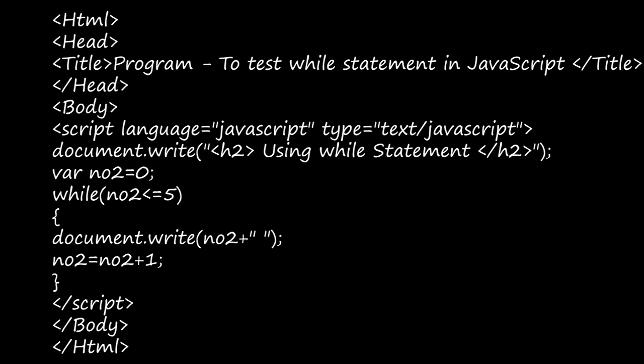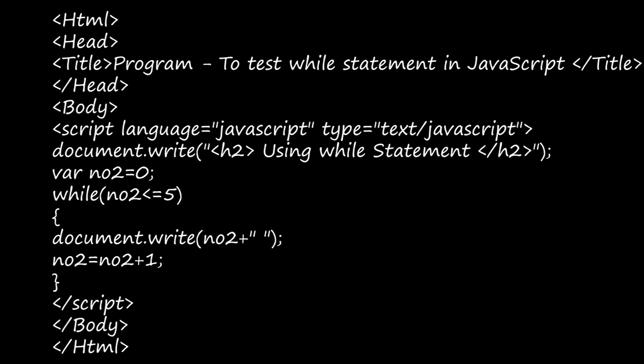Okay, and here, if you see, while no2 is less than or equal to 5, document.write no2 will be displayed there, right? no2 is equal to no2 plus 1, so each execution will add 1 to it, right? In the next loop, it will check whether no2 is less than or equal to 5. Till 5 it will come, right?